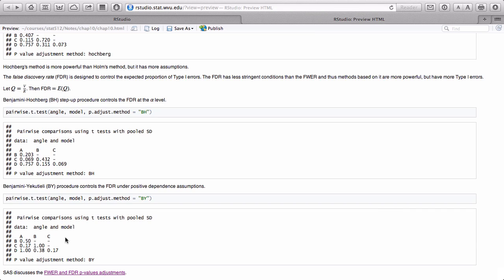Now, there are various papers out in the literature that discuss this issue in more depth, so I just wanted to point out the problem to you. But if you're doing a PhD dissertation or something and you need these procedures, then I would recommend that you delve into it a bit. So are there any questions on this? Because this is what I wanted to talk about in Chapter 10.